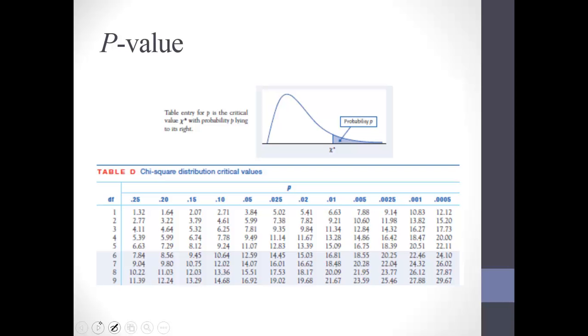In your notes, the top of page 11 is the top half of this table D. Along the left side we have our degrees of freedom, and the rows contain critical values. You're going to try to find where your test statistic falls to find what the p-value is.